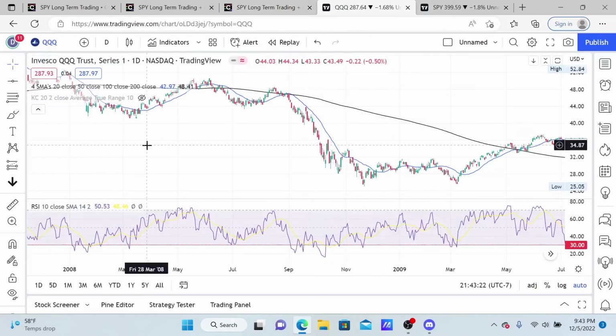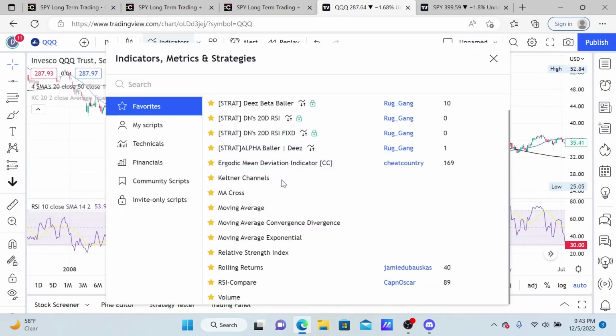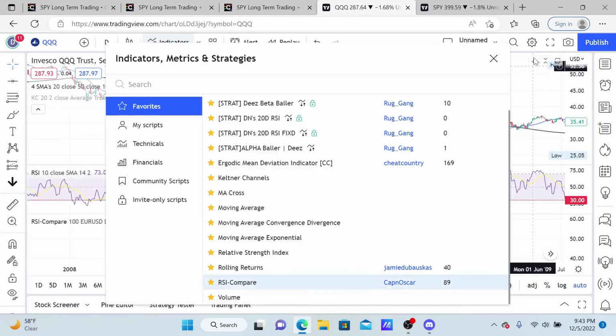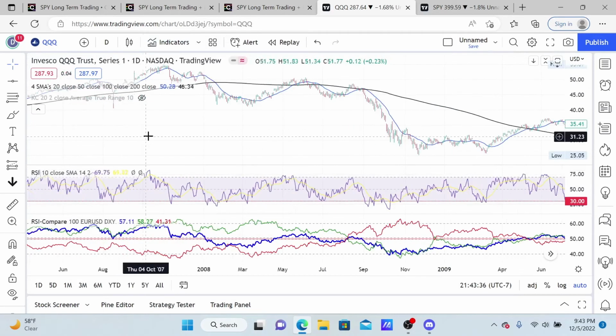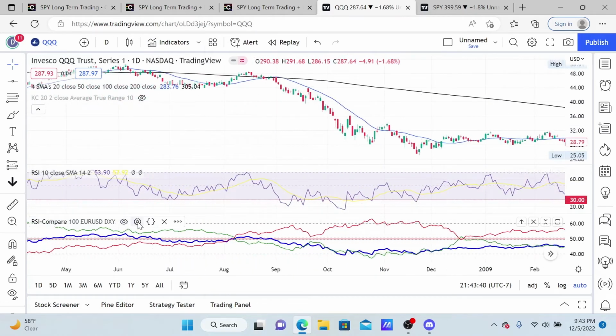What that would look like is if I go here to indicators in TradingView, there's an indicator called RSI compare. So you can select this RSI compare, and what you can do is actually compare the RSI of two assets.